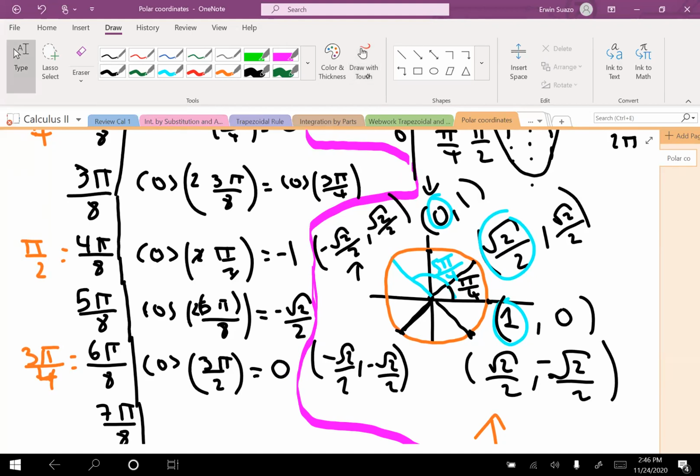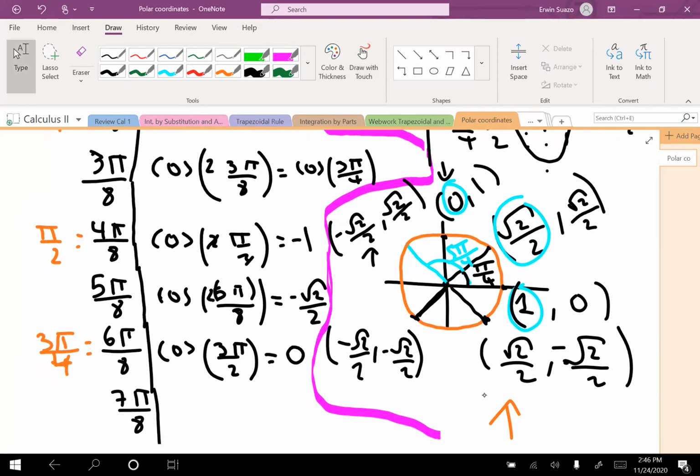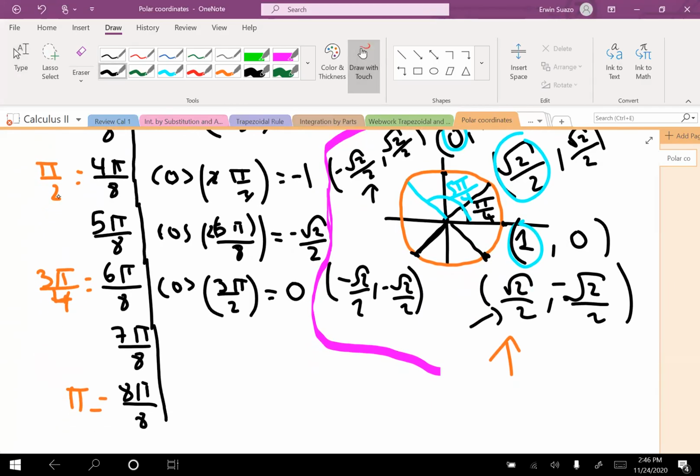Then cosine of 7 pi over 4, that is this one. So cosine of 7 pi over 4 will give me square root 2 divided by 2. But of course, you can just plug this into your calculator. I'm just doing this.